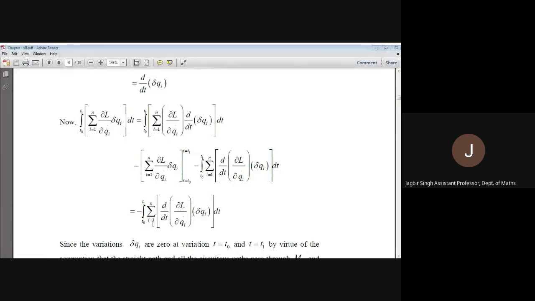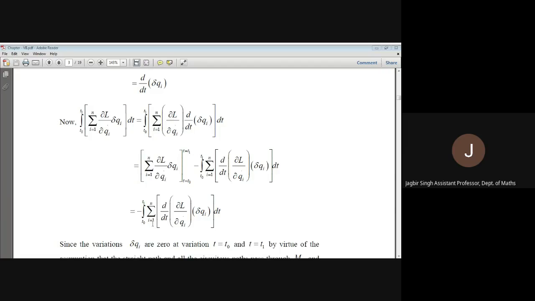Okay. Now when t is equal to t1, then Qi at t equal to t1 is the final position. And so its variation will be 0 because that is fixed, as we assumed that the initial and final positions are fixed. So at t equal to t1, del Qi is 0 because it's the variation of the final position, which is a fixed term.